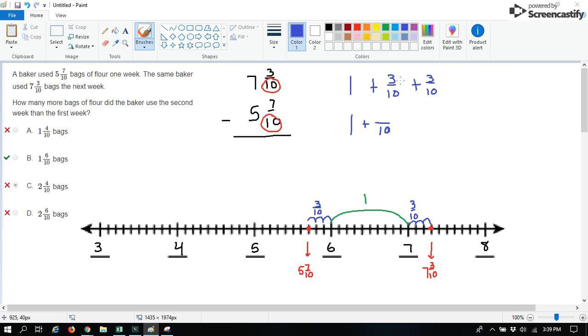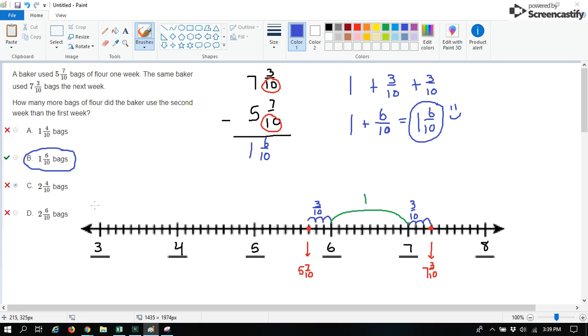So I just add the numbers on top, 3 plus 3. So I have 1 6/10, or 1 plus 6/10, so it's 1 6/10 away. So if I was going to subtract 7 3/10 take away 5 7/10, the difference between the two is 1 6/10. And as you can see, that's this one right here, 1 6/10.